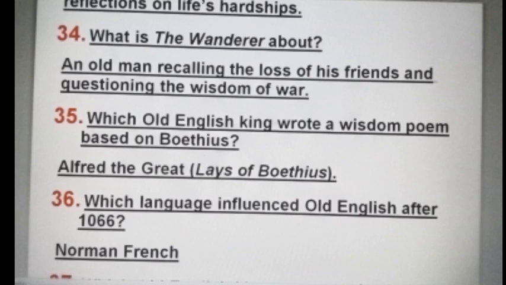What is The Wanderer about? An old man's recalling the loss of his friends and questioning the wisdom of war. Which Old English king wrote a wisdom poem based on Boethius? Alfred the Great.